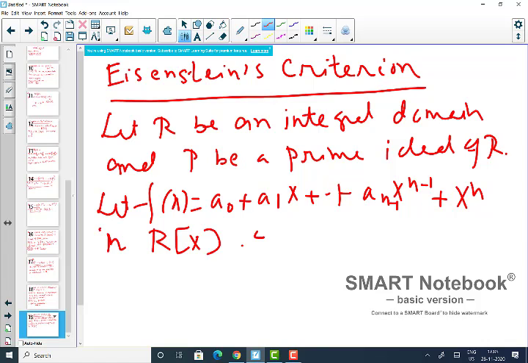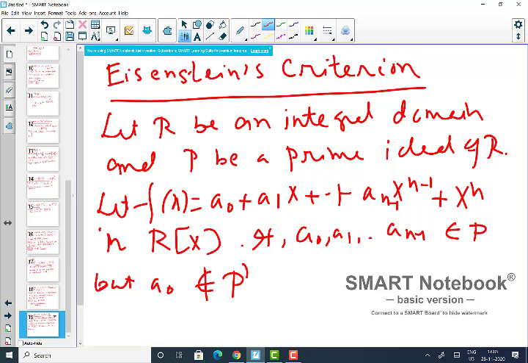Now if a0, a1, up to a_{n-1}, all of them belong to P, but a0 does not belong to P squared, the ideal, P squared meaning the product of ideal P, right?